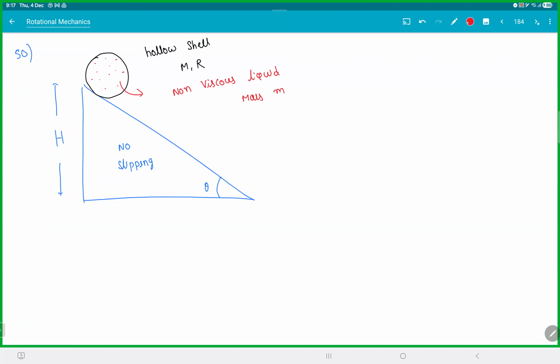Mass, small m. Case 1, it is in liquid state. Case 2, the liquid is frozen to solid. Find the speed when it reaches the ground in both the cases.